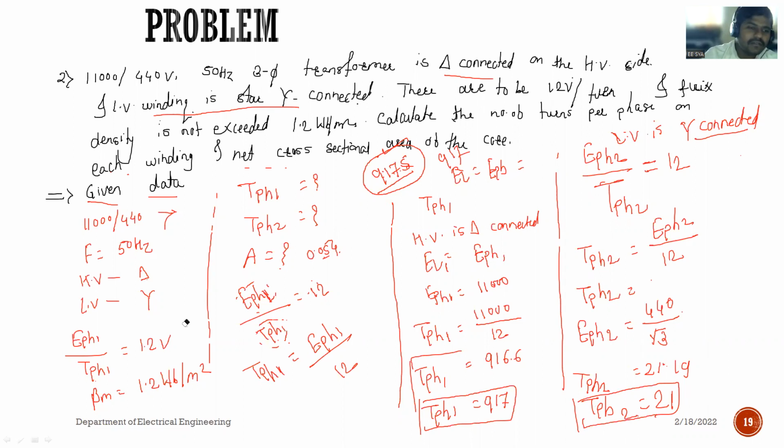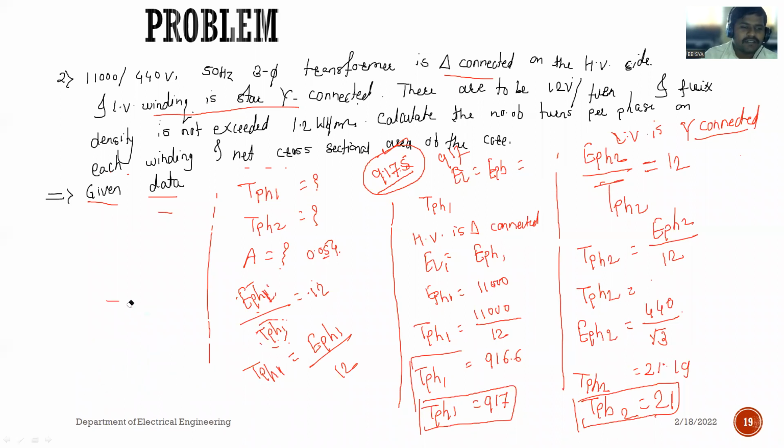Okay. Now you want to calculate the cross sectional area. Cross sectional area पण calculate करायचं आहे. So just use the formula for calculating cross sectional area.